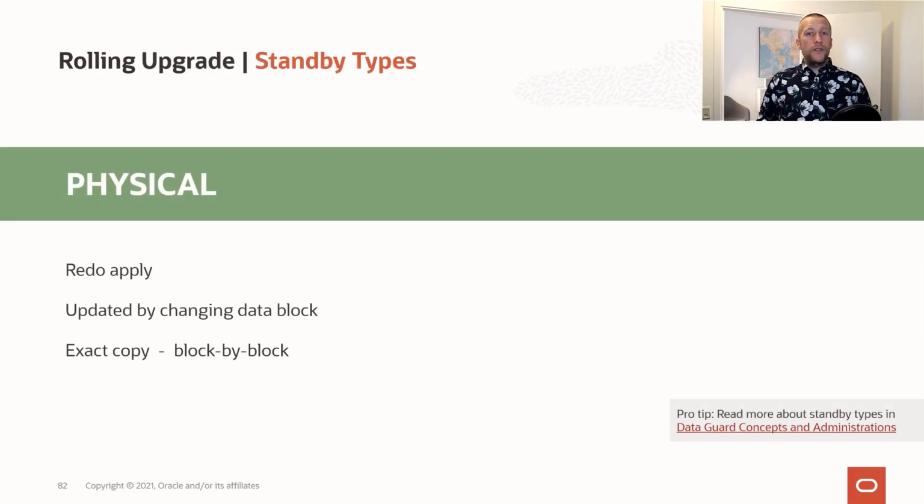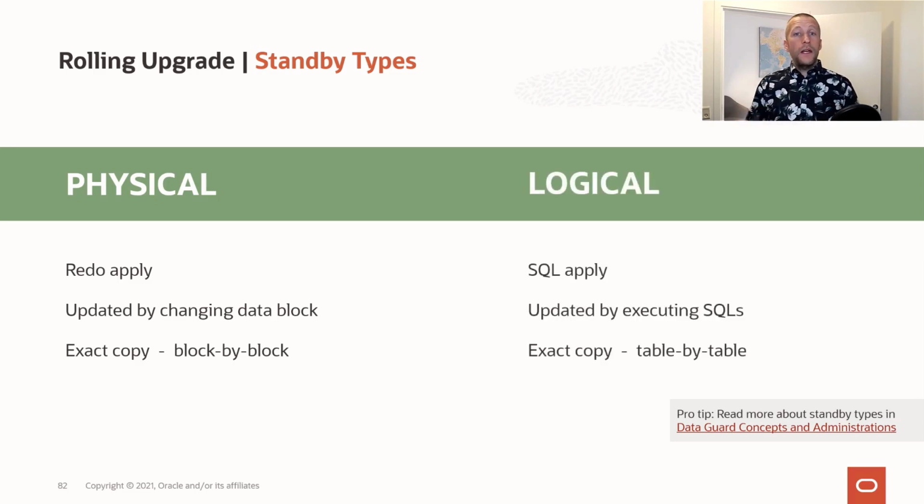Before we move on, let's briefly touch upon the differences between a physical and a logical standby. A physical standby database is synchronized with redo apply, which means that the individual data blocks are updated. So a physical standby is an exact copy, block by block, of the primary database. In contrast to that, we have the logical standby, and it works with a process called SQL apply.